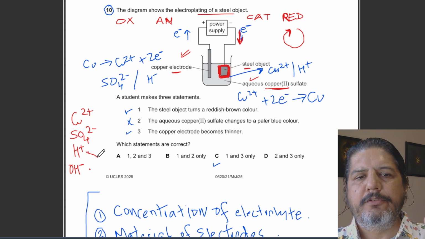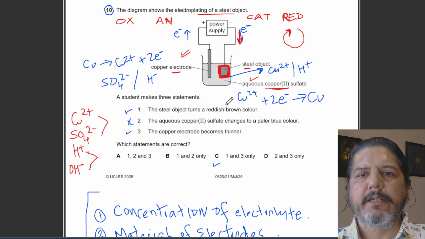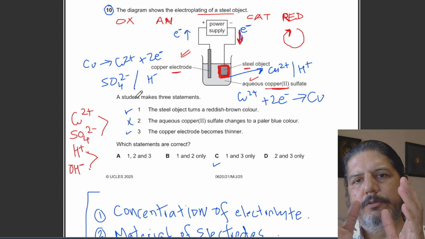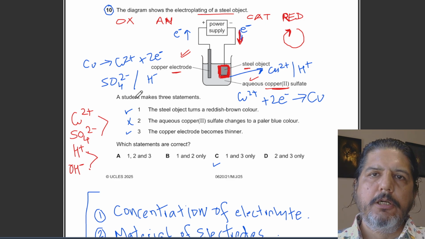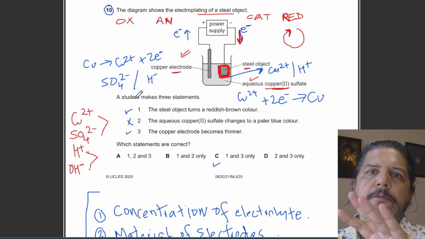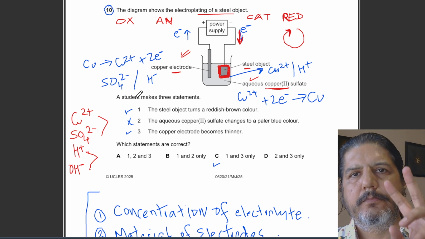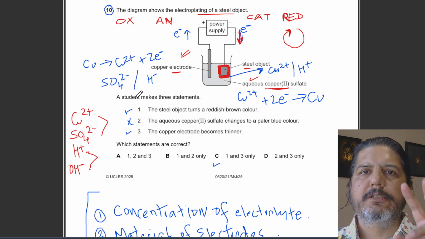They come from H2O, and we will have Cu2+ and SO4 2- that come from copper sulfate. So basically, in the container below, we'll have four kinds of ions. There'll be two positive cations and two negative anions.